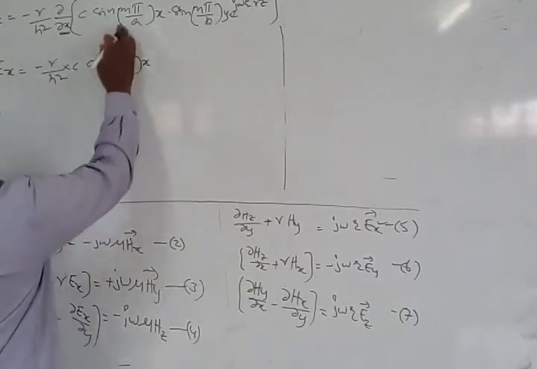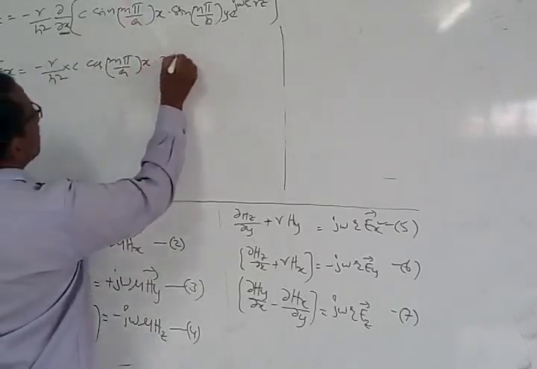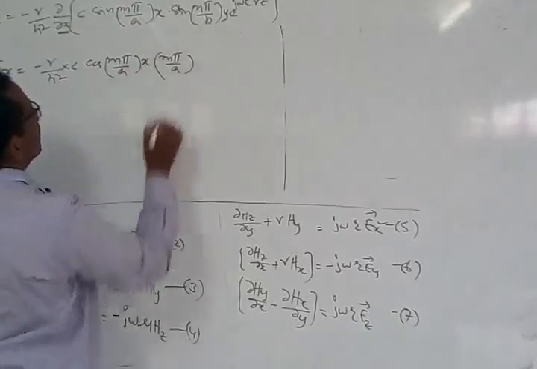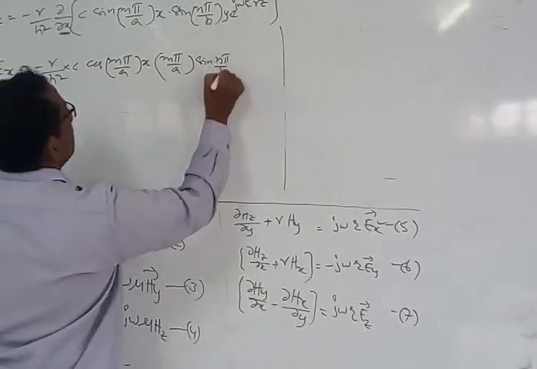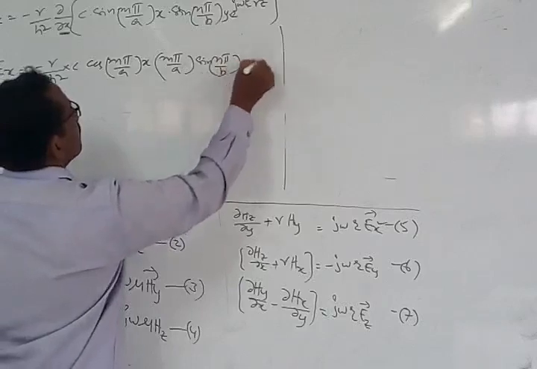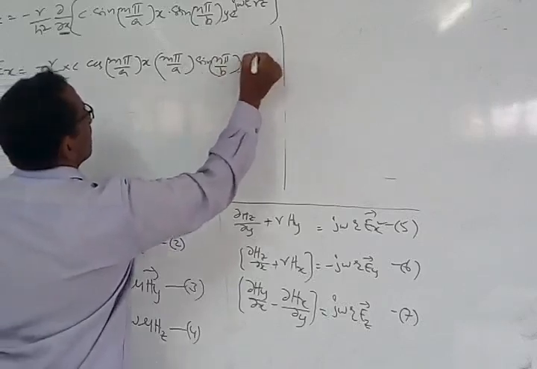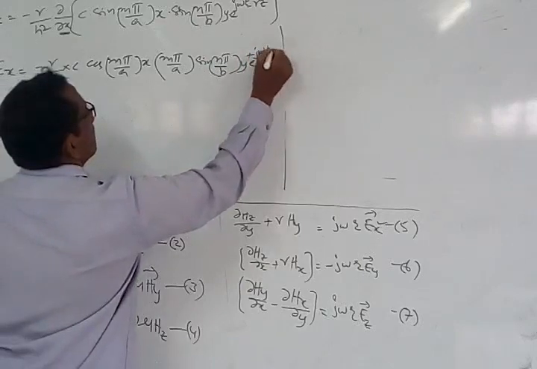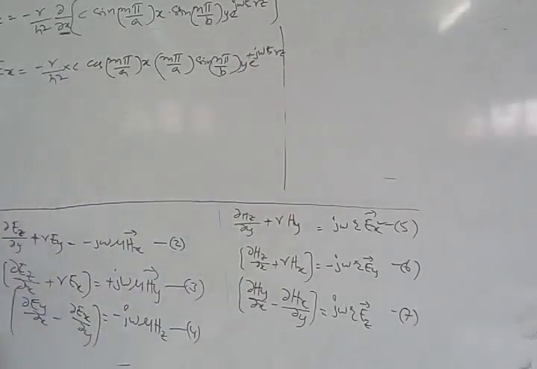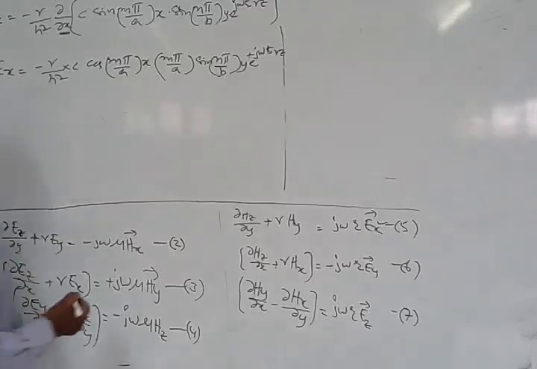The constant factor that will come out is m pi by a. Then the rest of the things are going to remain as they are: sin n pi by b into y into e raised to j omega t minus gamma z. So that factor will remain as it is. So now this is going to be the equation for the Ex component.